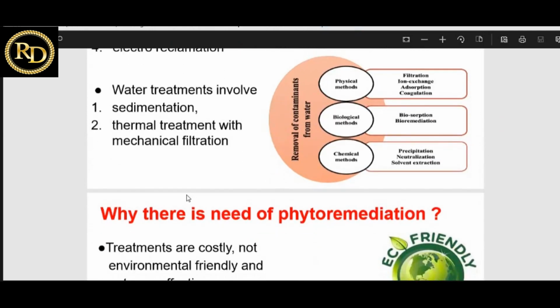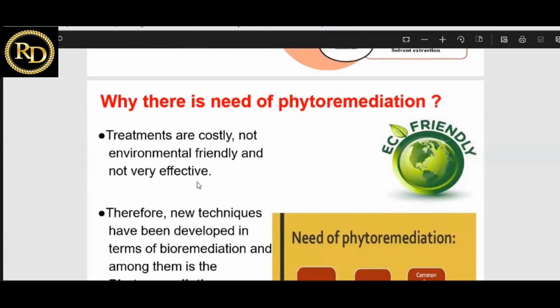So why not go for phytoremediation, because this is a very effective process. And phyto means plant and remediation means mitigation and removal. Okay, so with the help of plants, if you try to remove the metals from a contaminated site, then this is called phytoremediation. And you will see these are not too costly.